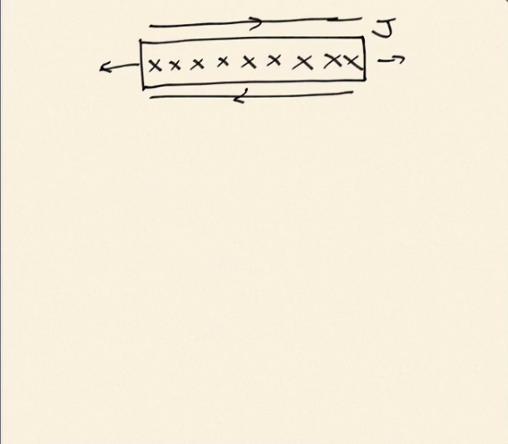So we're going to pick an Amperian loop, and again, this is completely up to us. We're going to exploit the symmetry of the problem. We need to pick a loop and a surface bounded by that loop, such that everywhere on the loop, B dot the tangent of that loop is constant.